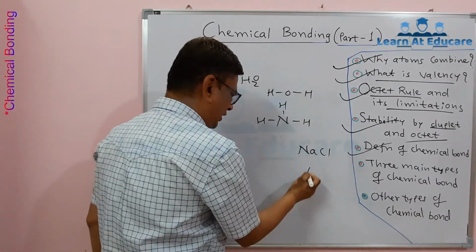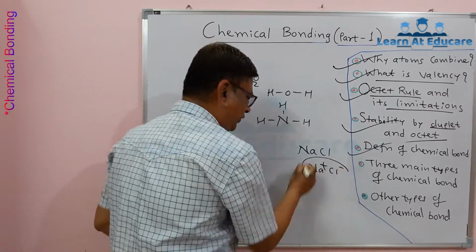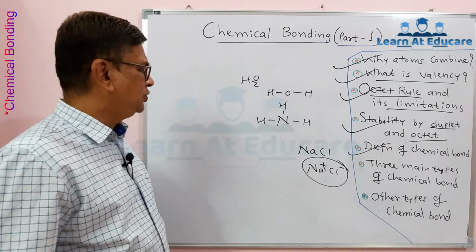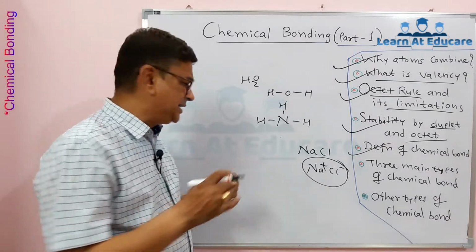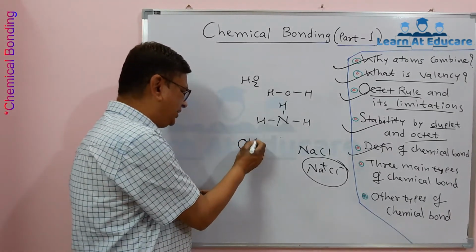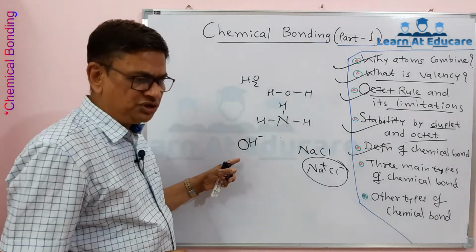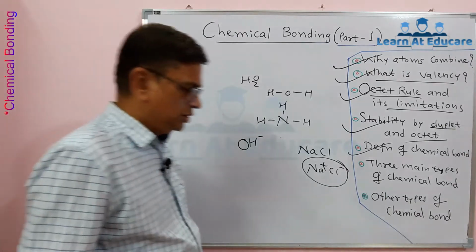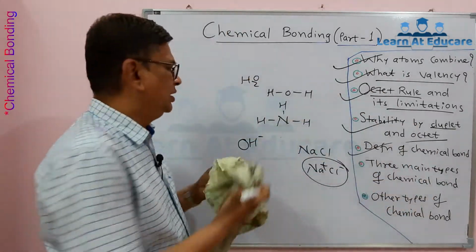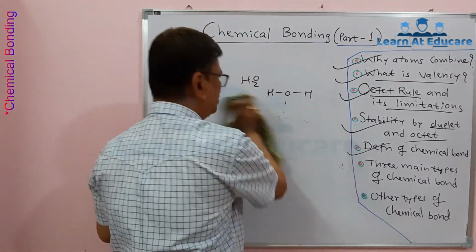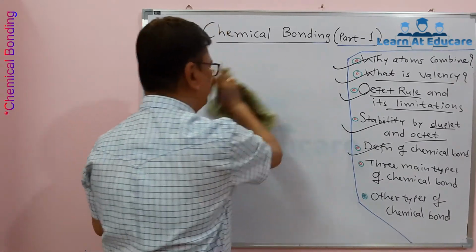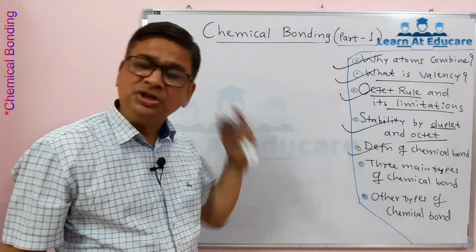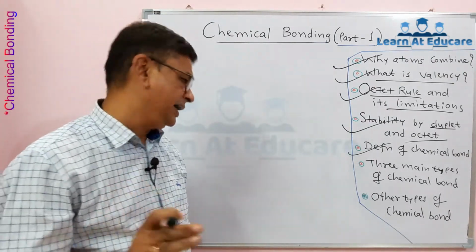In sodium chloride there is an ionic bond between the positive sodium ion and the negative chloride ion. Remember, a chemical bond is also present in an ion like OH-, the hydroxide ion, which contains the bond between oxygen and hydrogen. So a chemical bond is nothing but a kind of force of attraction between the various constituents present in that molecule or ion. The constituents are generally atoms or ions.